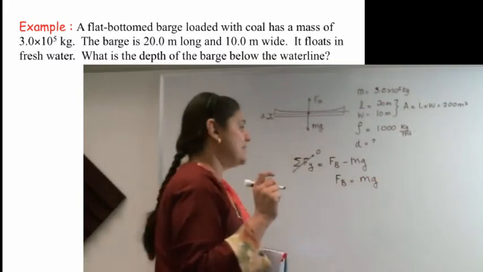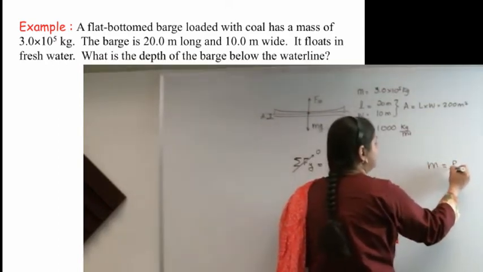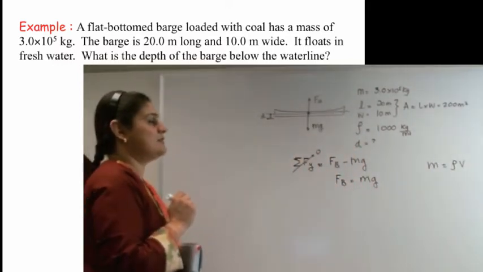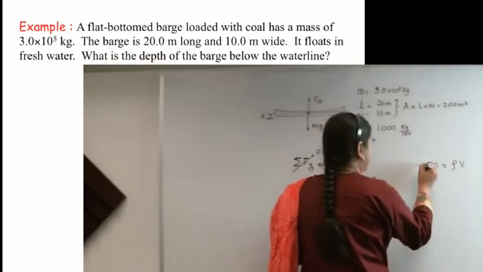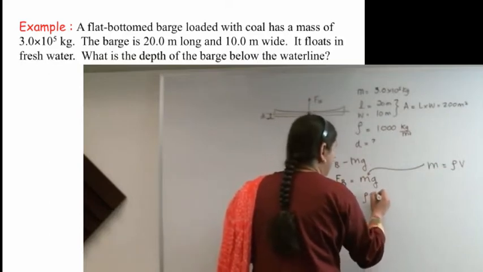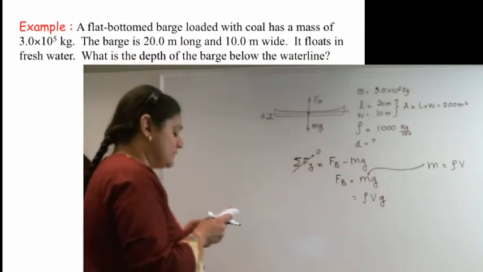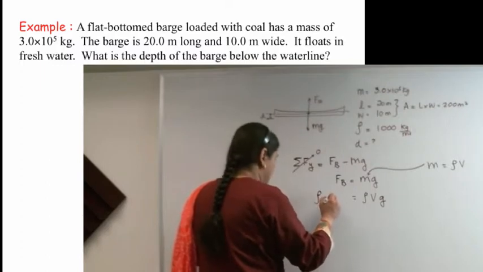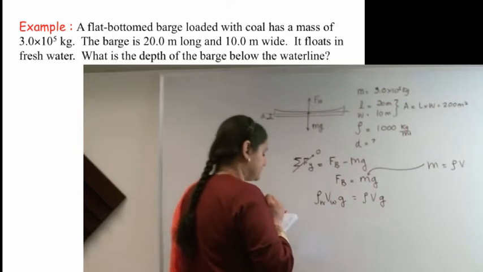Remember how we did that other calculation before where we said m equals rho v, where rho is the density and v is the volume? So all I have to do now is plug this value in here to get rho v g. Also, I know for the buoyant force, this is going to be the rho of water times the water displaced times g.